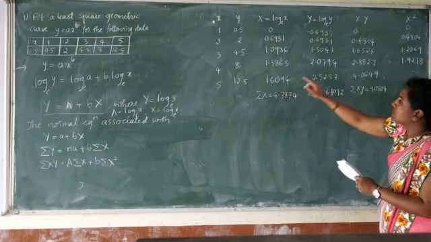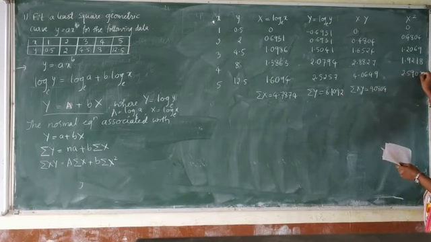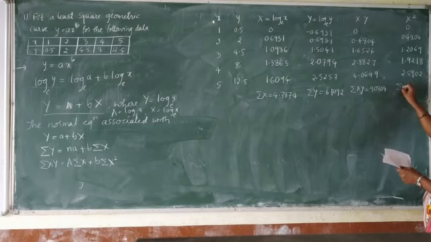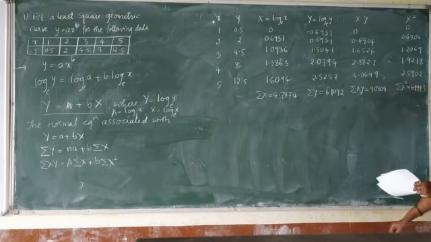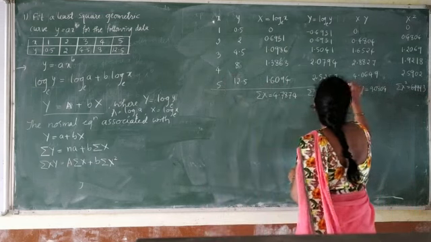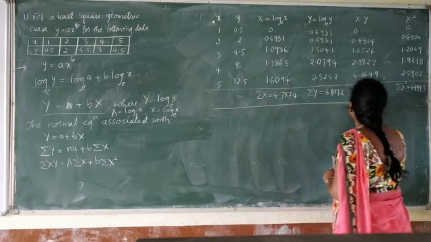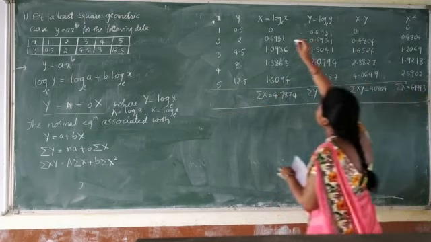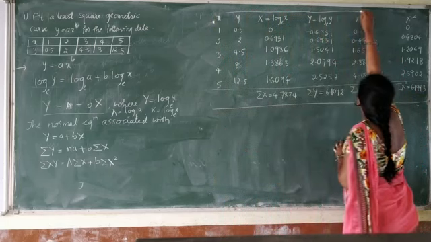Next, 1.6094 square is 2.5902. Summation of x square is 6.1993. This is a table of required values, that is summation of x, summation of y, summation of xy, summation of x square. These are our required values.